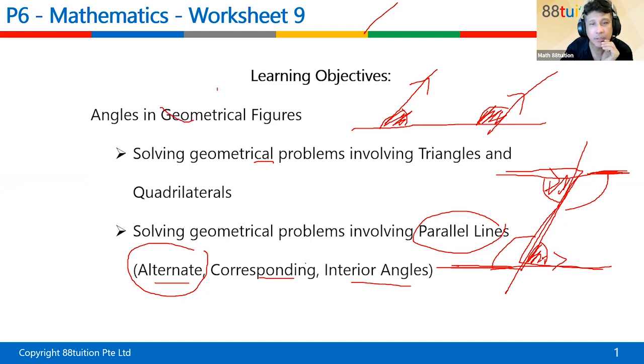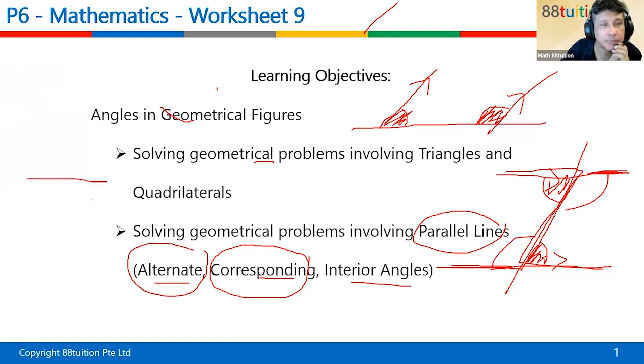Just now we were talking about interior angles between parallel lines, then alternate angles, then corresponding angles. Corresponding angles and alternate angles are very, very similar. Again, we have a pair of parallel lines and a line that cuts across. Corresponding angles basically mean if you have one angle here, the other angle that is here will have the same value.